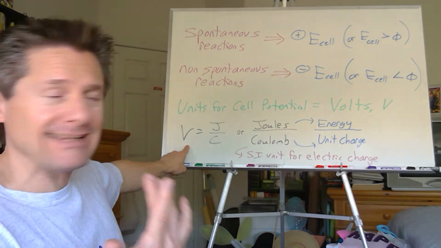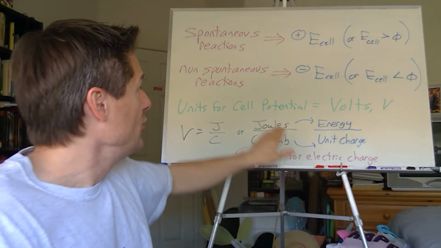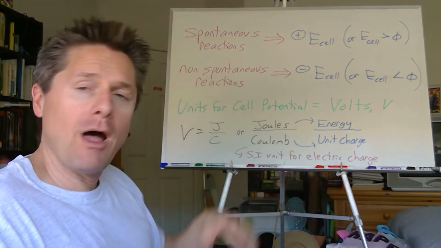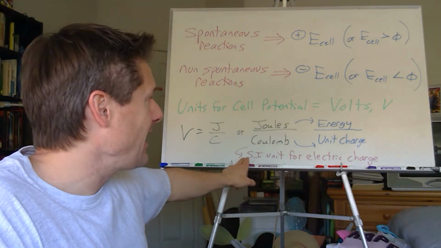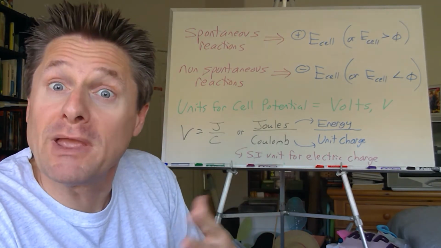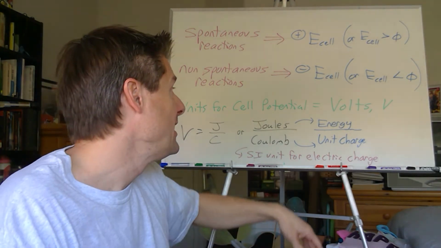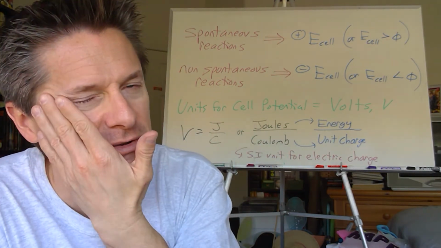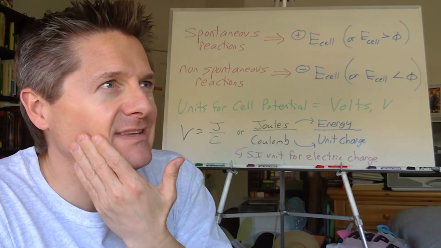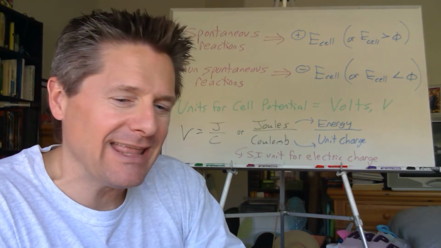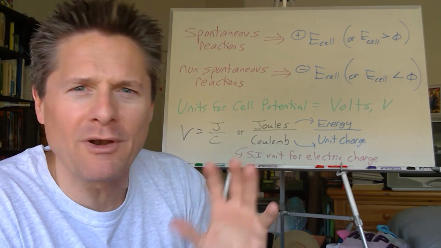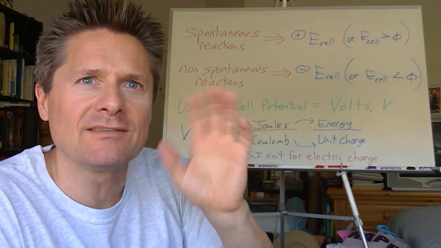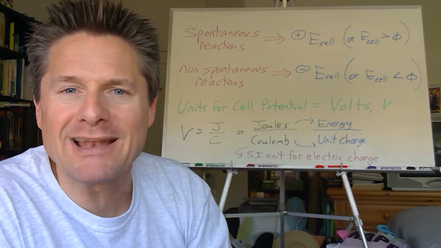A volt is technically a joule per coulomb. Joules we've run into before many times. That's an energy unit. And a coulomb might be something new for you guys. That's the SI unit for electric charge, which makes sense because we've got electrons flowing around. So really a volt is just the amount of energy packed in per unit charge. I think a single electron is around negative 1 or 2 times 10 to the minus 19th coulomb.